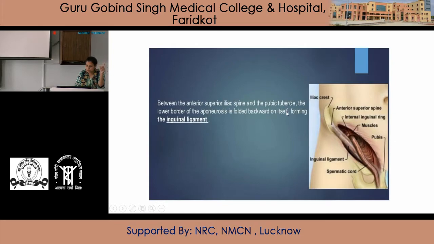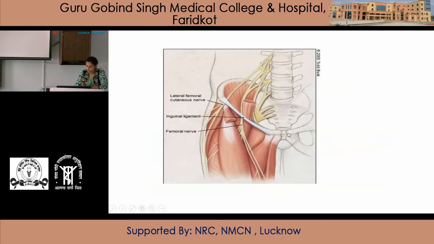The superficial inguinal ring is a gap in the aponeurosis, and the inguinal ligament is the folding of the aponeurosis from the anterior superior iliac spine to the pubic tubercle. So here is the inguinal ligament, this thickened band, from the anterior superior iliac spine to the pubic tubercle.